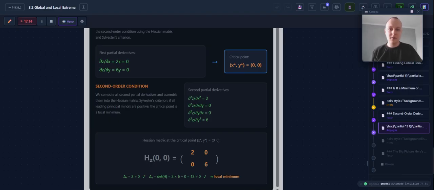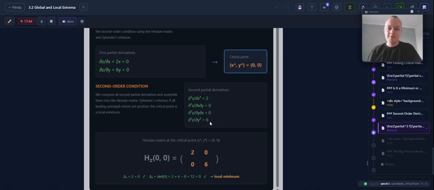If you see that 6 is much stronger, and 2 is softer, more shallow. But both of them mean a smiling function, concave up.